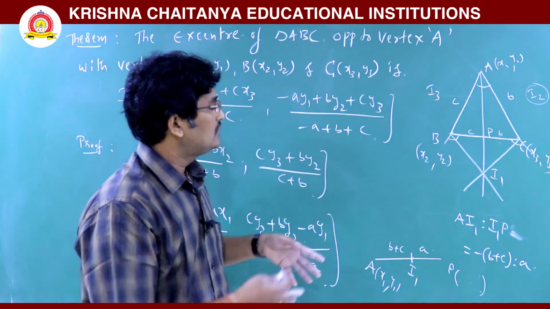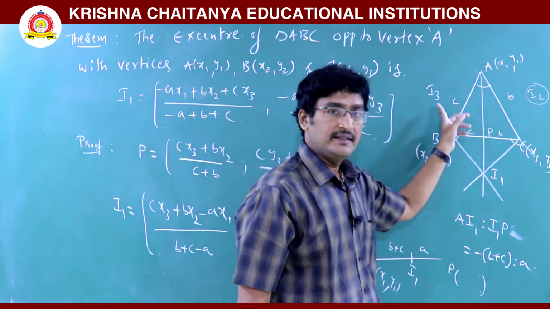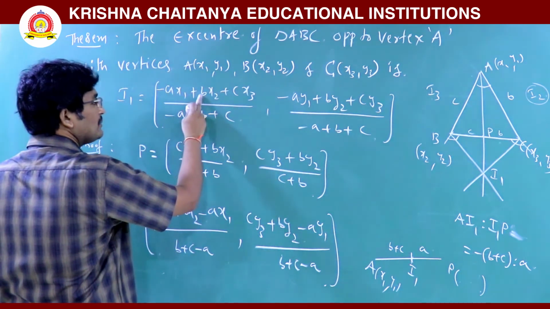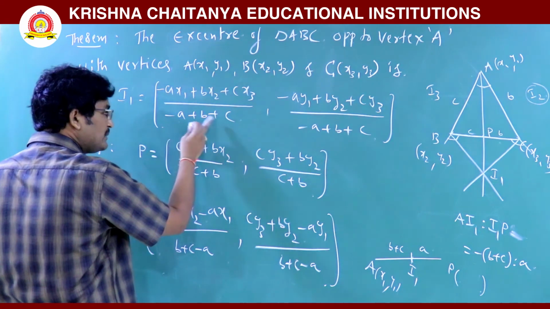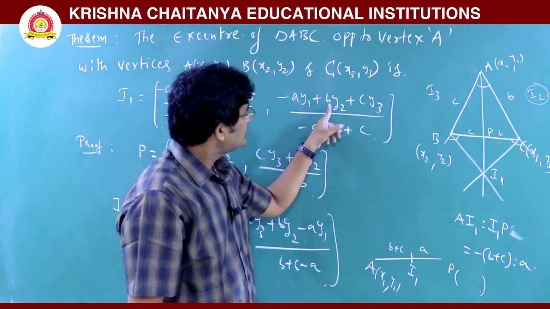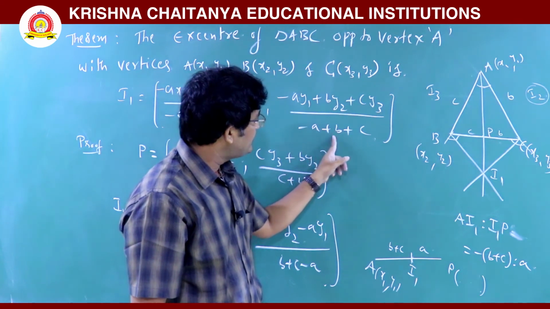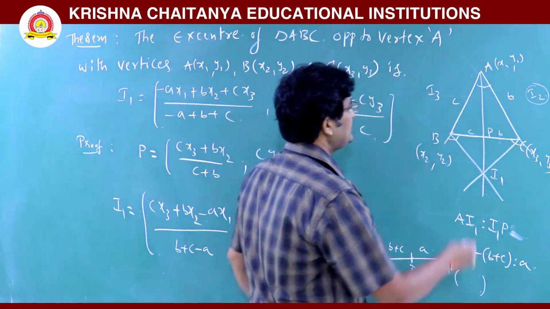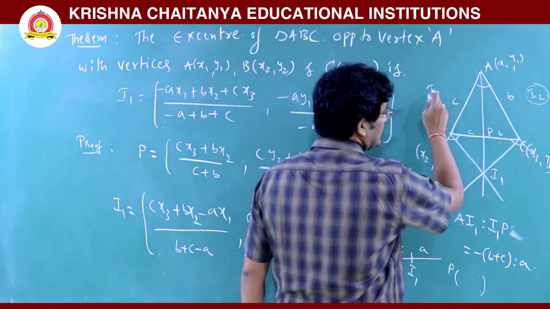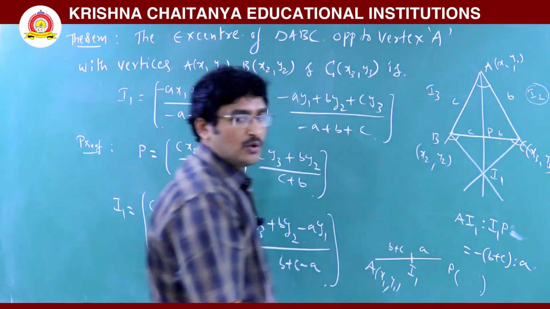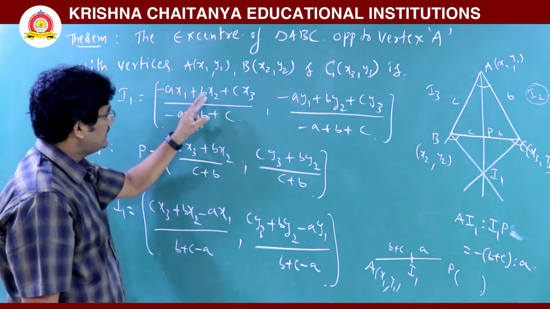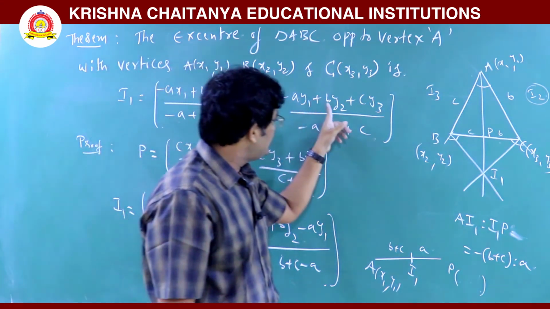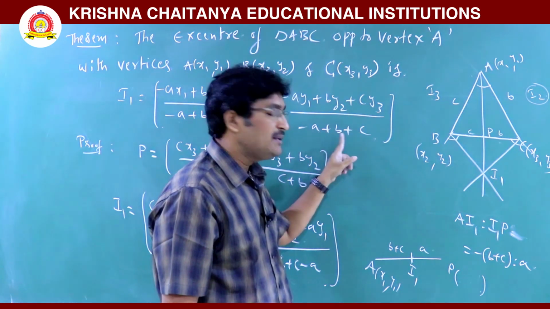You get the coordinates of I2 like this: ax1 minus bx2 plus cx3 by a minus b plus c, ay1 minus by2 plus cy3 by a minus b plus c. That is I2. You do the same thing to find the I3 coordinates, the excenter opposite to C. Then you will get I3 coordinates like this: ax1 plus bx2 minus cx3 by a plus b minus c, ay1 plus by2 minus cy3 by a plus b minus c.